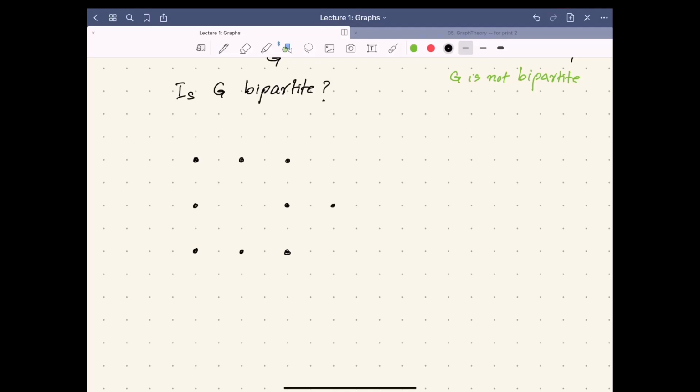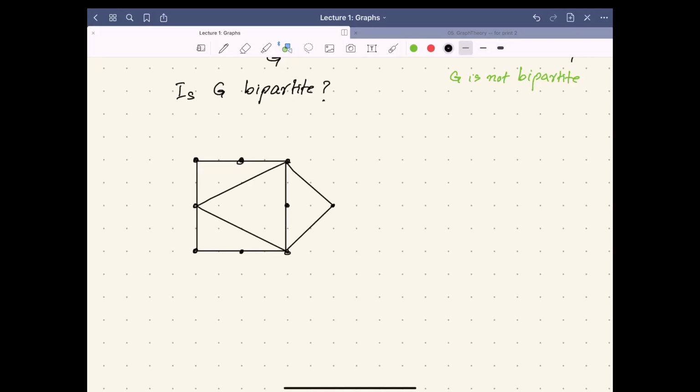So now let us draw the edges. There is an edge between these two, there is an edge between these two, and between these also there is an edge. Between these two there are edges, and between these two there are edges, and we have an edge between these two vertices, and there is an edge here and there is an edge here.